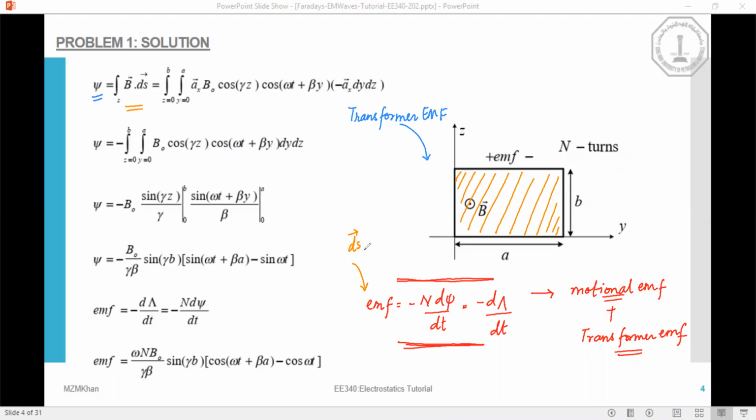To identify ds, you have to look for the EMF polarities. This is what I always tell my students in the lecture: always integrate from negative polarity to positive polarity.